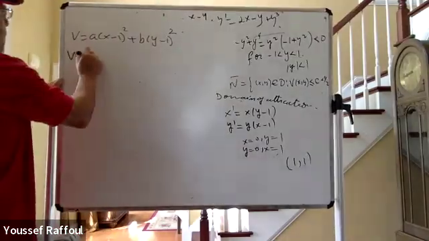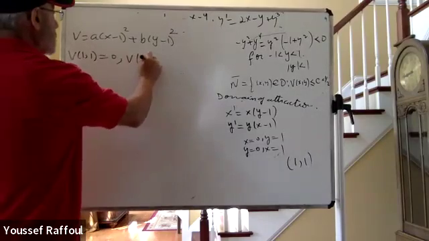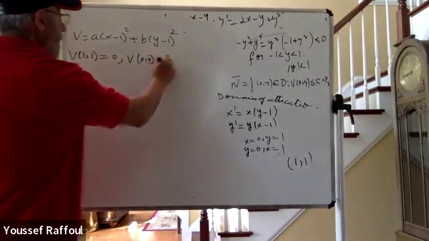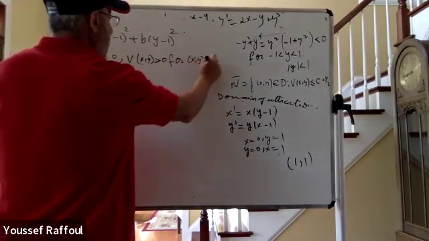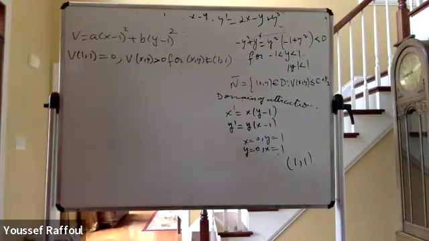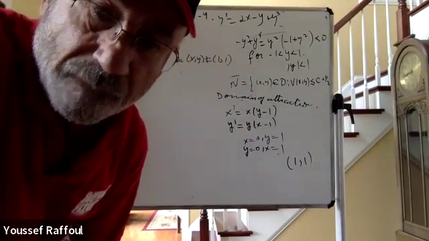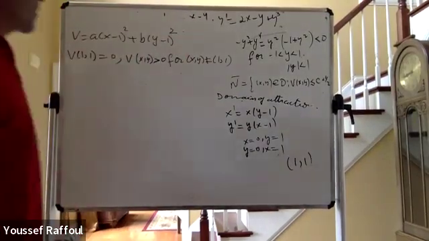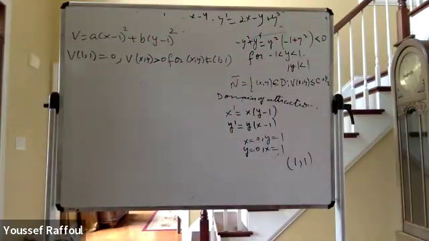First of all, V of (1, 1) is 0, and V of (x, y) is positive for (x, y) different from (1, 1). You see how you improvise? Yes, you need to find a Lyapunov function for each one of them.